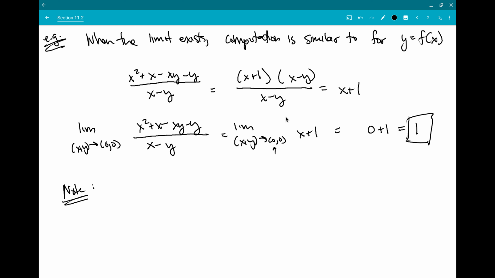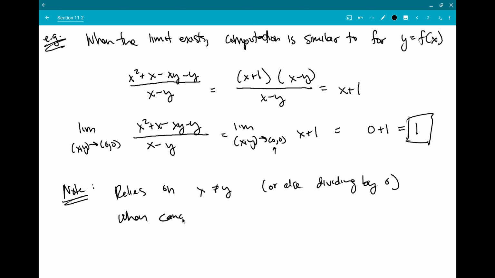One thing that's important to note is what I did here is sort of saying that x minus y isn't equal to 0, that x and y aren't the same. Or else that's dividing by 0 when I cancel out these terms in the numerator and denominator.